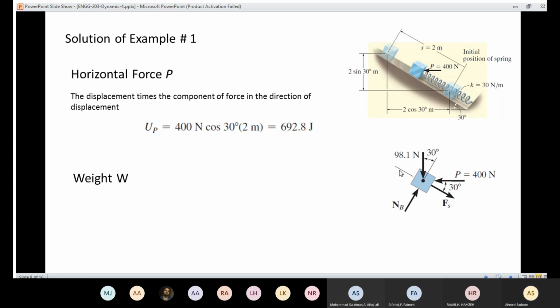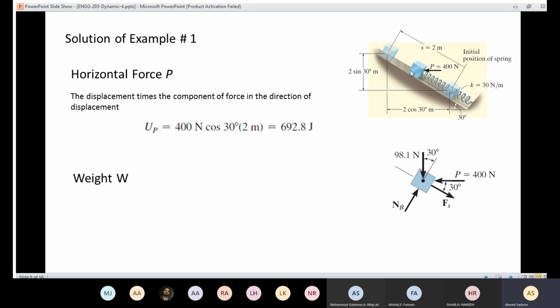Or I can decompose the weight into X and Y. In X, the component in that direction is going to be along the displacement, so I can multiply 9.81 sine 30 times the 2. And as you can see, the direction of the weight is opposite to the direction of the displacement. It means that the work done by the weight is going to be negative.